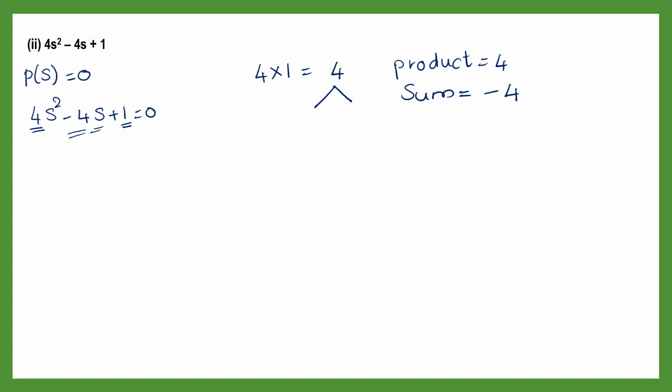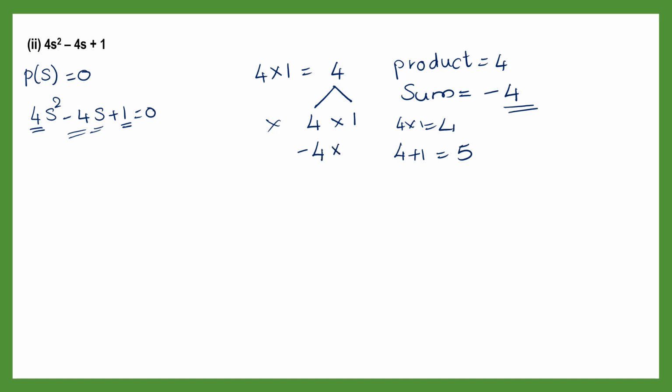So it should be equal to minus 4. So how can you split it? 4 into 1 is 4. If you do the sum, 4 plus 1 is 5. But the sum should be minus 4.